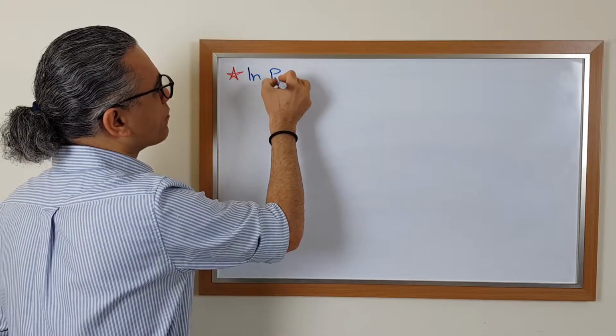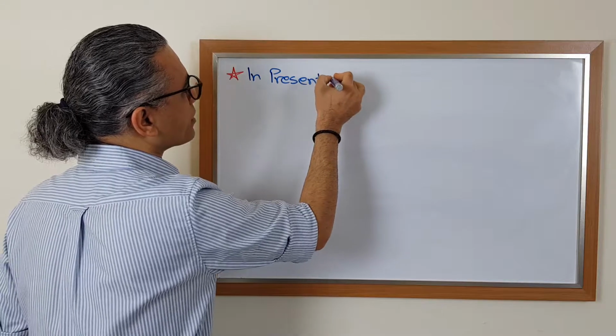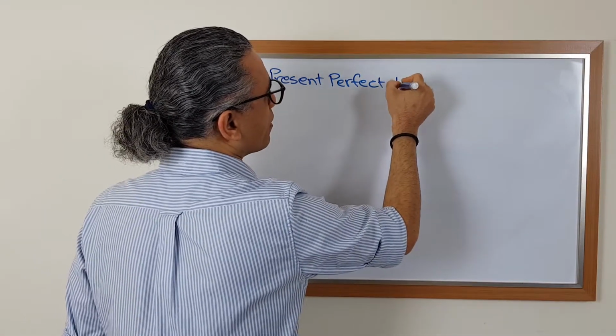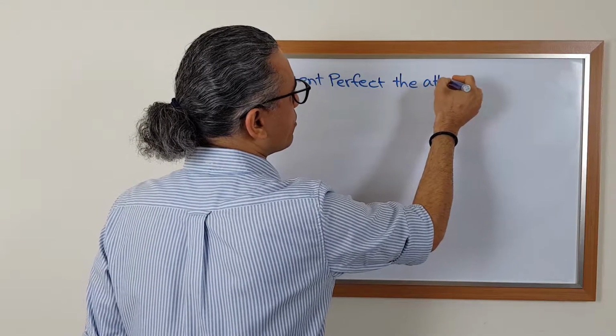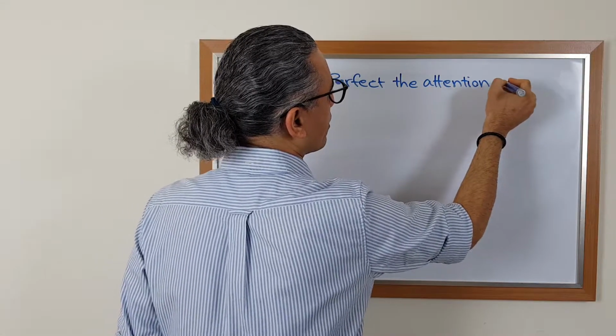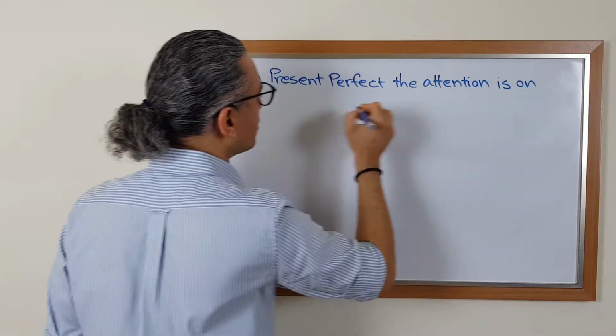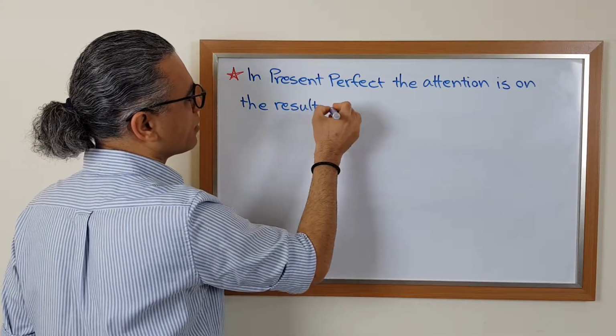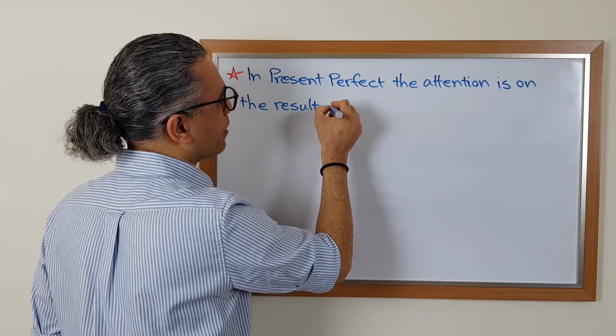Okay, now another point. In present perfect, the attention is on the result of an action.